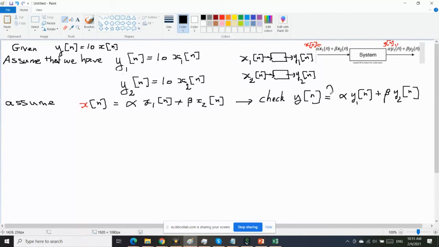Okay, so we need to check this: right hand side, left hand side.